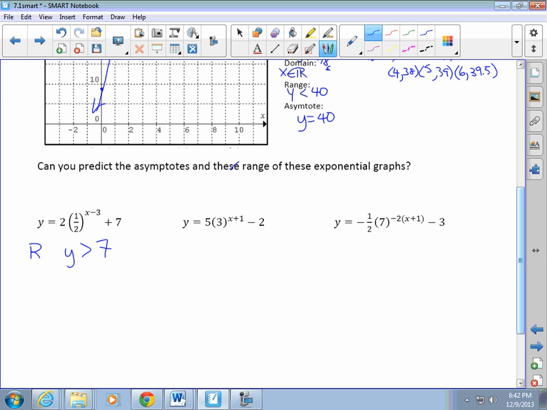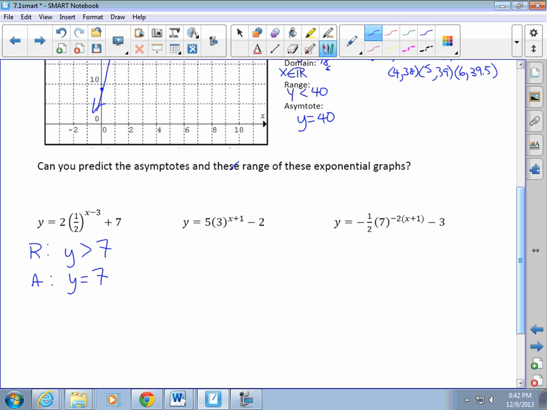I don't have a negative for that a value, so that means that I'm not going to have any reflection. My asymptote then is y is equal to 7.